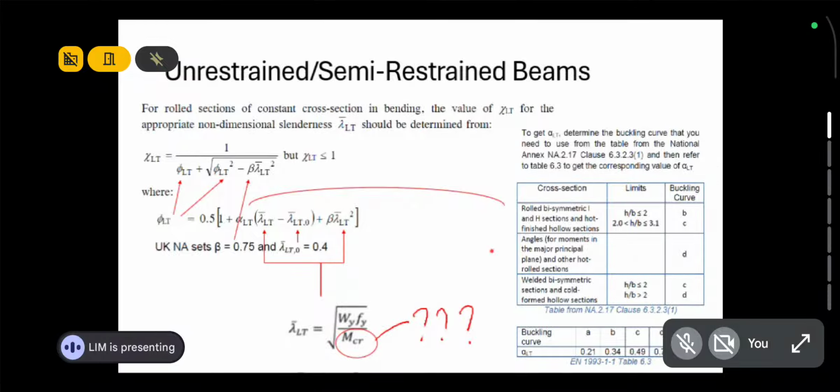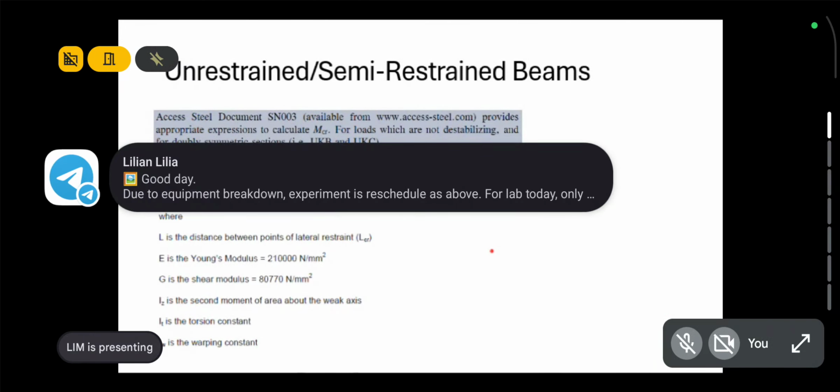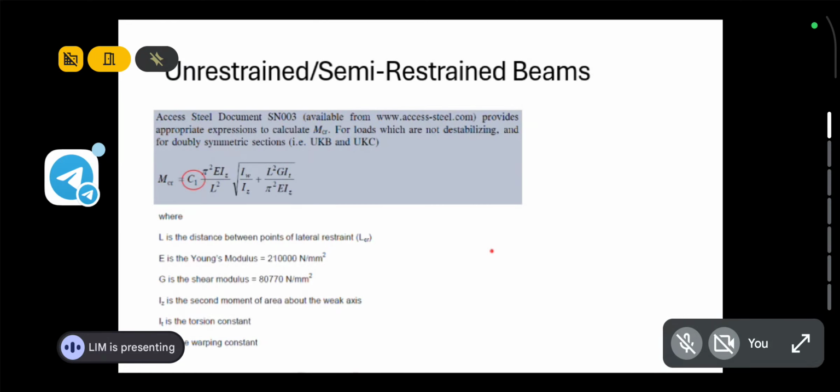So what is MCR? Another formula. This is the formula for MCR. It's C1 times pi squared EIZ divided by L squared, the whole thing multiplied by square root IW divided by IZ plus L squared times G times IT divided by square root EIZ.